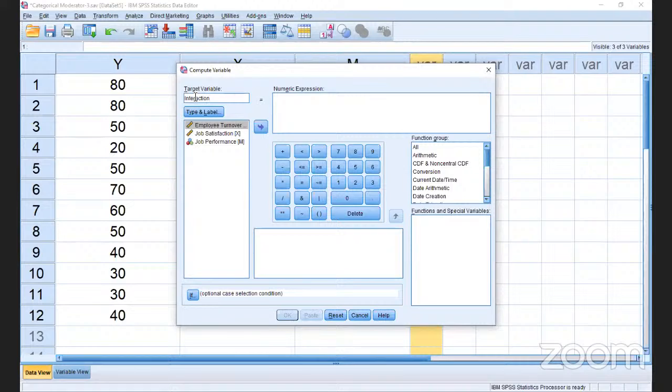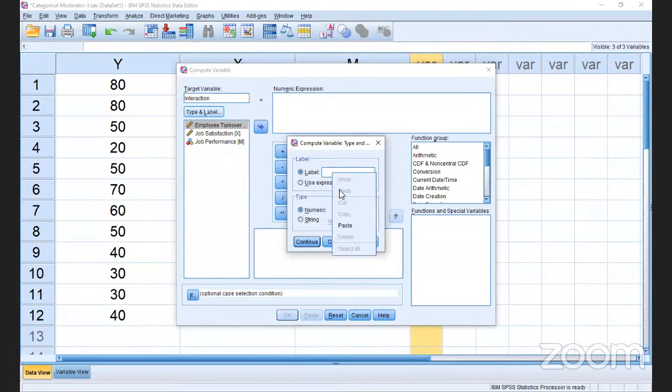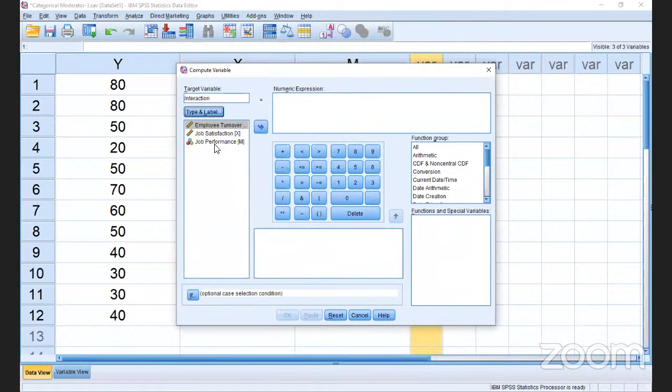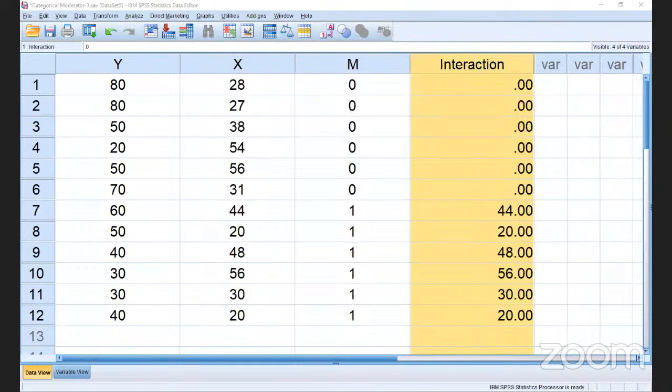I copy and paste it in labels, and then continue. Job performance multiplied by job satisfaction, and then okay.